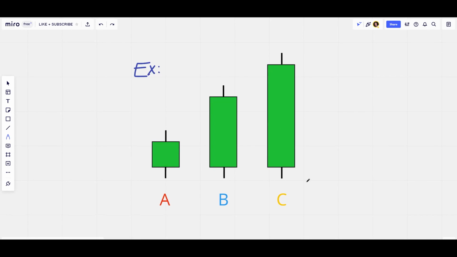So if we imagine all of these candles on a chart, and the bottom of these candles is priced at $100 and the top of candle C is priced at $105, this means that more liquidity was needed from the side of the buyers in order to push candle C from $100 all the way up to $105, compared to candle A and candle B that might have only pushed up from $100 to $101, or in candle B's case, it might have only gone up to $103.